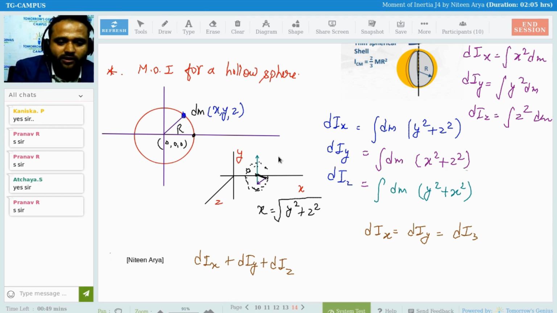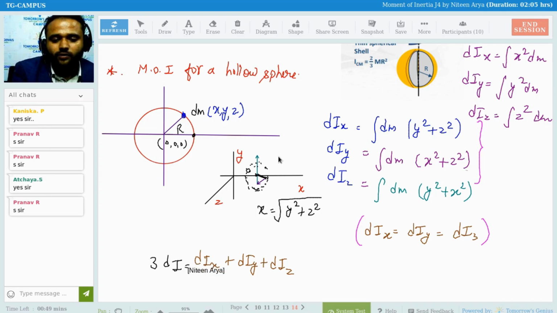From the symmetry we have dix equals diy equals diz, and from these three equations, 3 di equals dix plus diy plus diz.